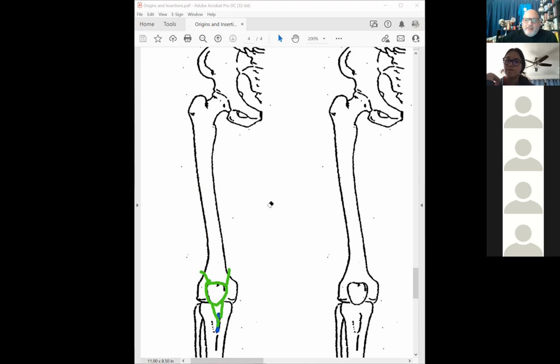All right. I'm going to cheat and use the same picture because I've already drawn the insertion and the insertion pathway. And let's do the origin of the vastus intermedius. Pardon me, vastus medialis. What is the origin of the vastus medialis?